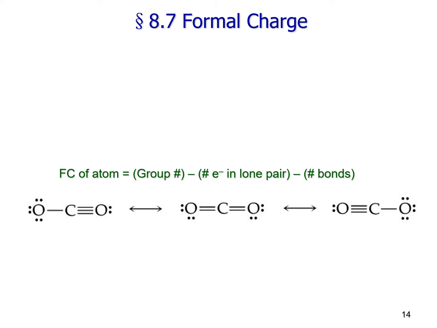We're going to start off with oxygen right here. Single bonded oxygen. So the formal charge of the single bonded oxygen: the group number of oxygen is 6. Number of electrons in lone pairs, there are 3 lone pairs. That's going to be 6 electrons. Single bond, so there's 1 bond, minus 1. That means the formal charge of this single bonded oxygen is minus 1.